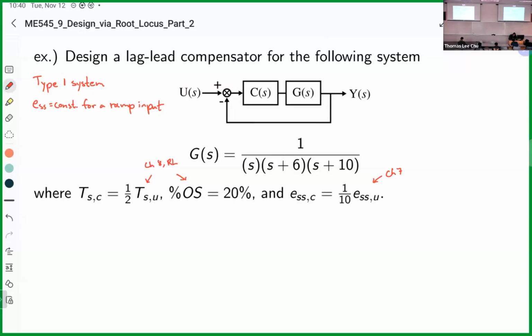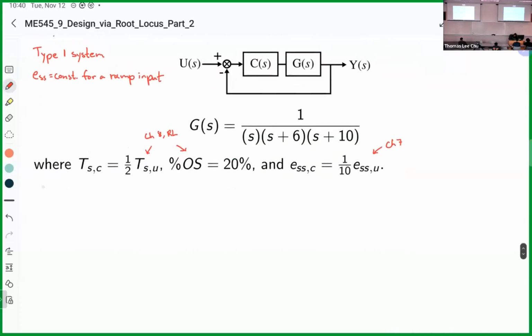Basically, the first step is to design a lead compensator. We're going to use second order approximation to estimate our system performance.